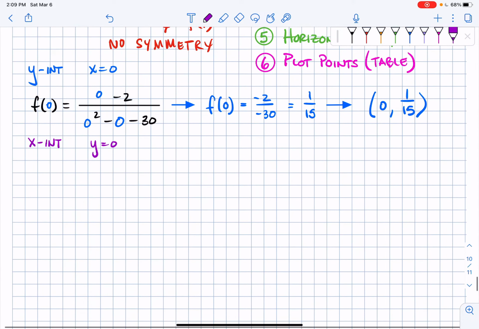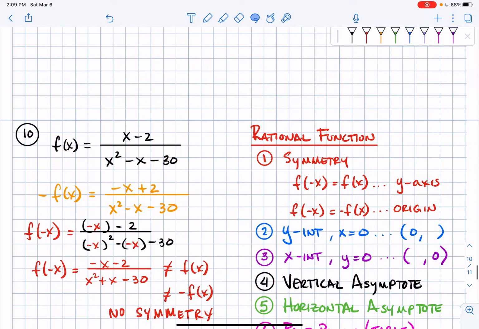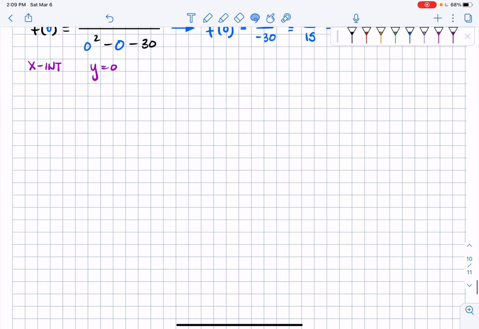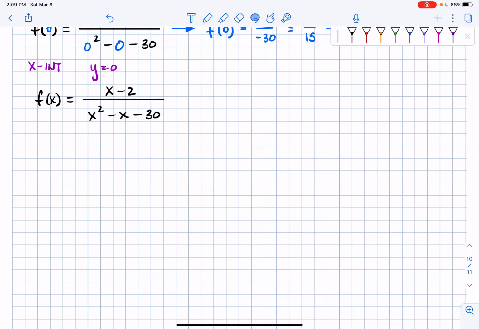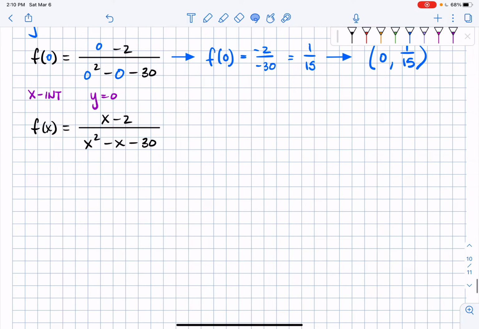Well, that means I'm gonna come back up here. Let me just copy this. It's probably easier this way, I can just paste it. Because the y value is equal to 0, I'm just gonna replace the f of x with 0.